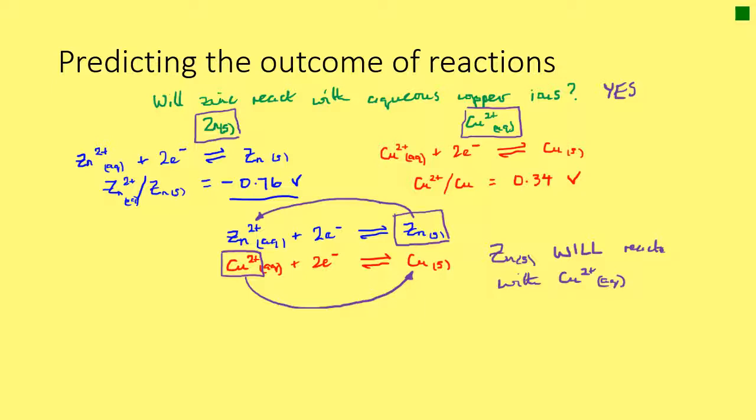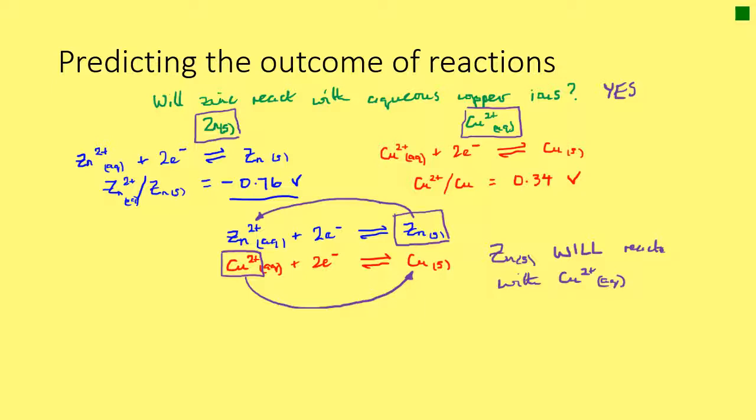If you did the same for copper, you would see copper 2+ to copper given an electrode potential of positive 0.34 volts. So that's what you would read off the electrochemical series.